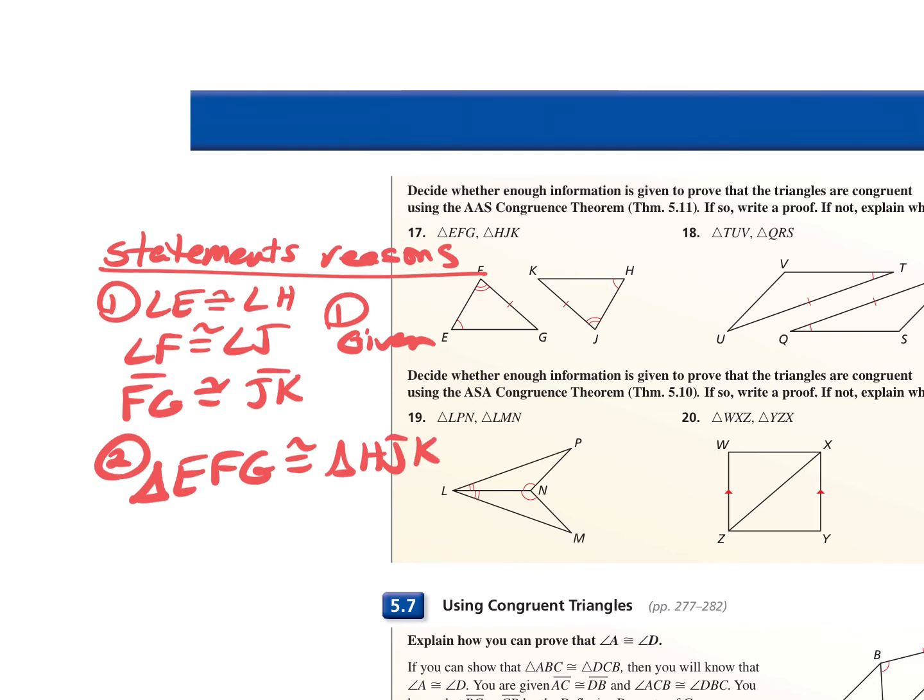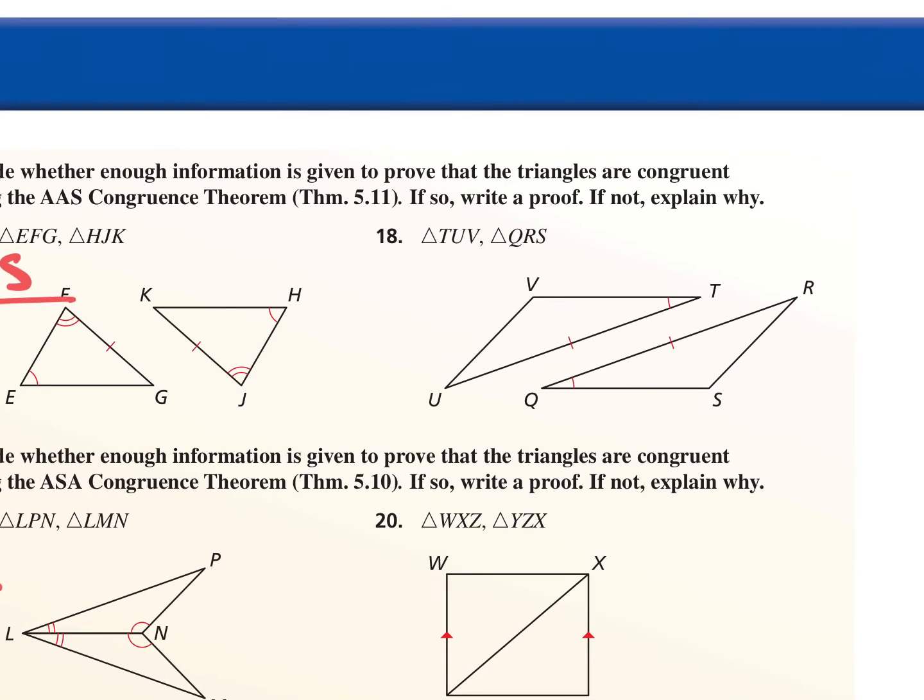Okay, next. Notice here, I have an angle that's marked and a side. These are not touching, so I can't bring in a reflexive. They're not touching where they're vertical. So only having 2 pieces marked in each triangle is not enough information to prove any of the shortcuts.